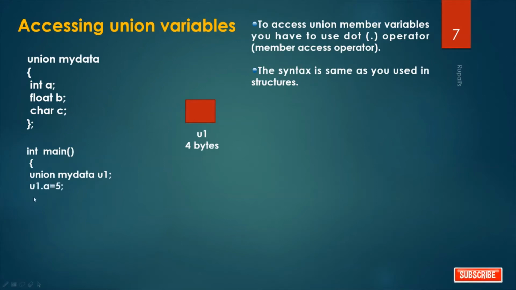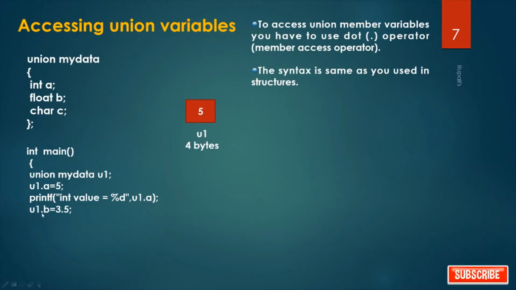Now I want to assign 5 to this variable a. So you have to write E1 dot a equals 5. So here I store 5. Now I want to print it, so you write printf percentage d, E1 dot a. So it prints 5. Now when I write E1 dot b equals 3.5, in b I want to store 3.5. Then here 3.5 is stored.